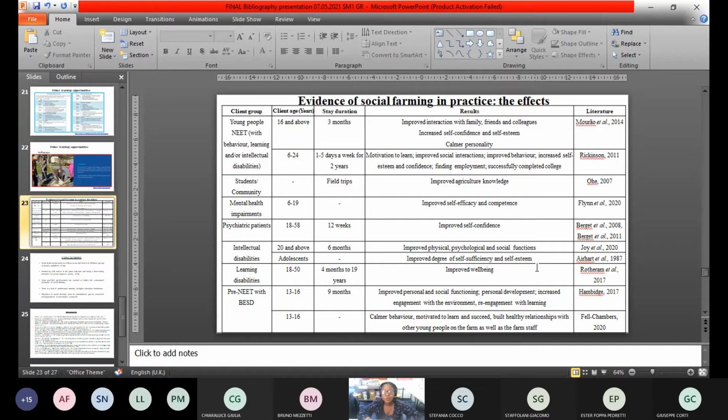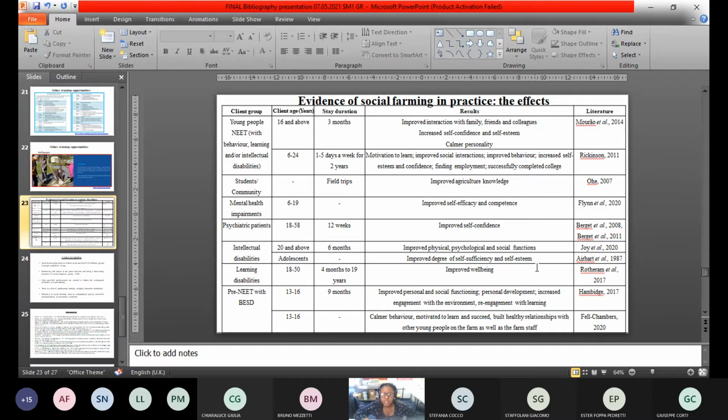A different group of learning disability clients, placed on the farm for 4 months to 19 years, with ages ranging from 18 to 50, improved their well-being drastically. This study was done by Rotherham and Company in 2017.